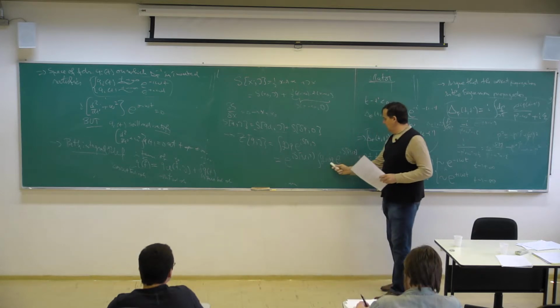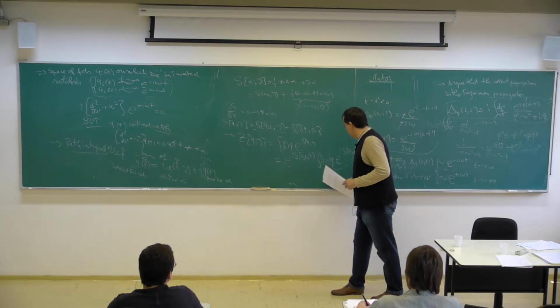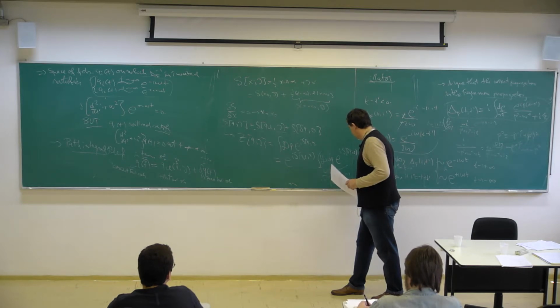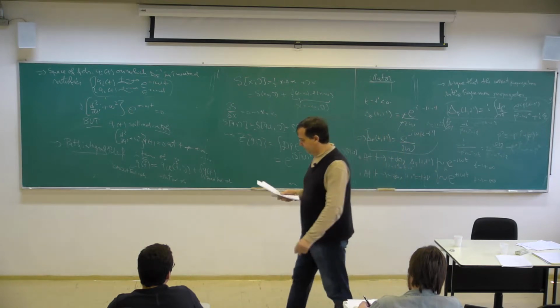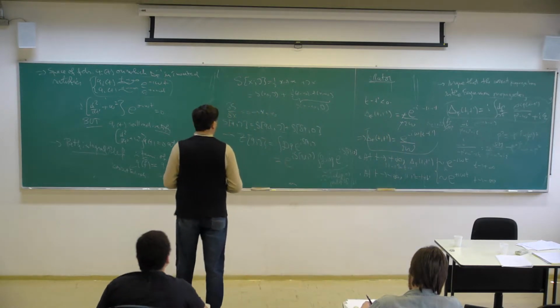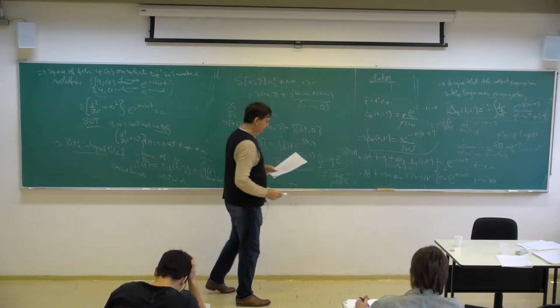But as you see, this is independent of J now. That means it's part of N, part of the normalization factor.